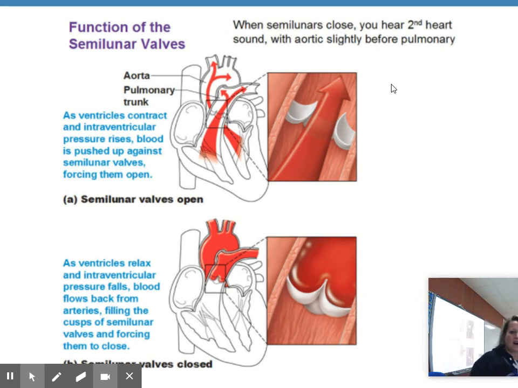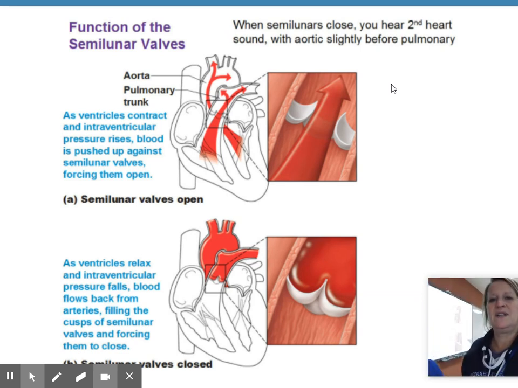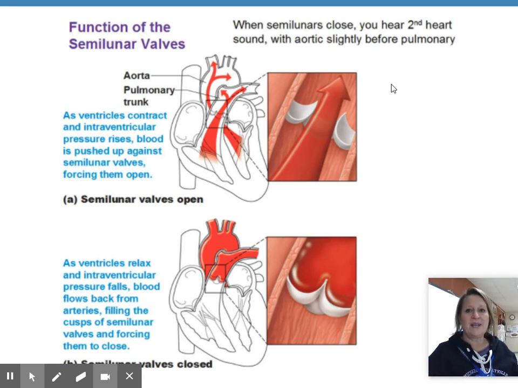The valves function in kind of different ways. This one is what I was talking about with the semilunar valves. So we're not going to worry about the sounds right now. I just want you to see what's happening here. So as the ventricles contract, the inside ventricle pressure rises and blood is pushed up, forcing those valves open.